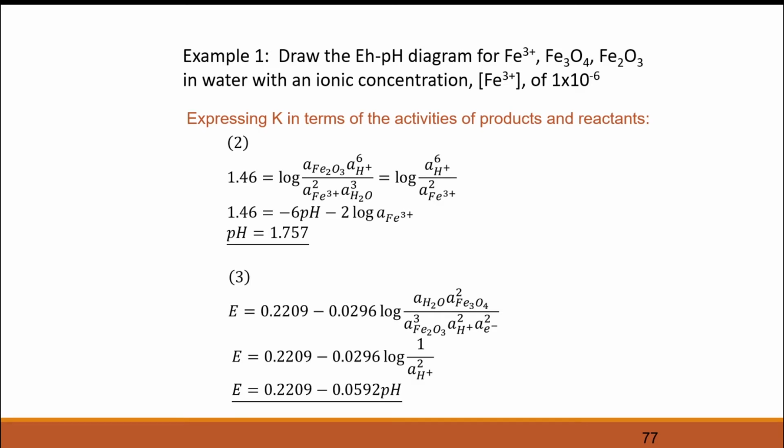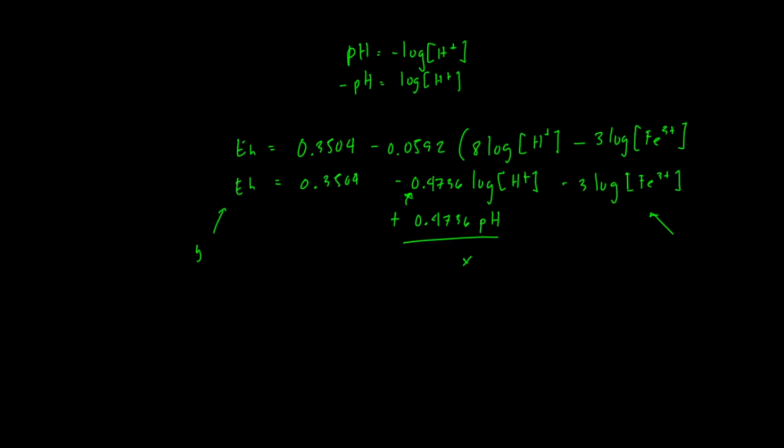2. Okay, so if you simplify this, we do the same steps na ginawa natin, no? So this becomes a logarithm of, and I can probably show you, no, para mas malinaw. Okay, so that's 1.46 is equal to log ng activity of H plus to the 6 divided by activity of Fe3 plus raised to the power of 2.